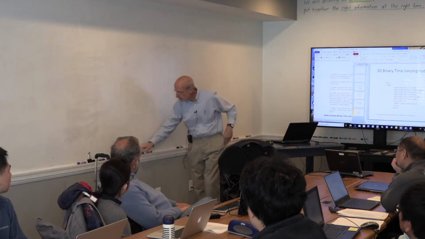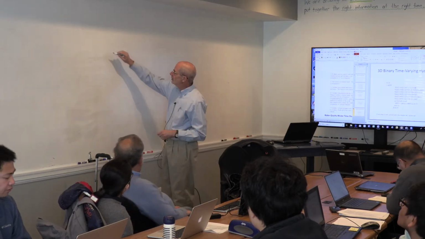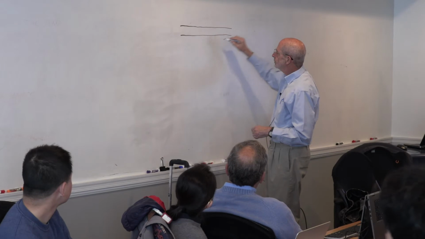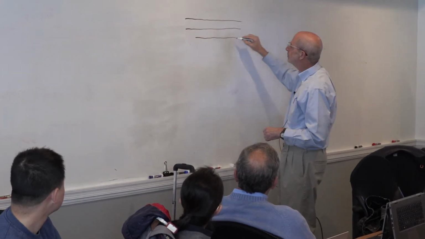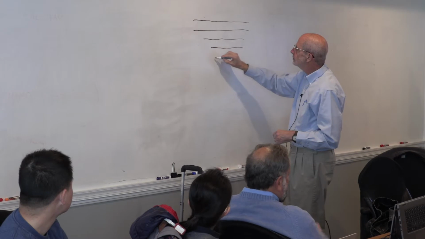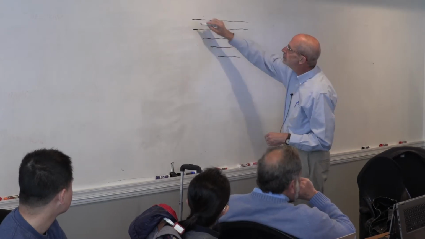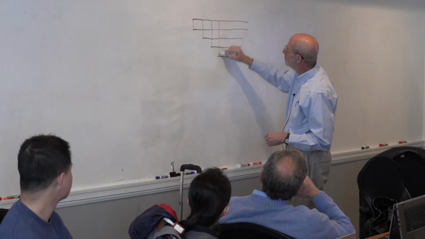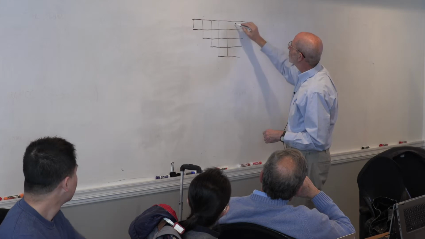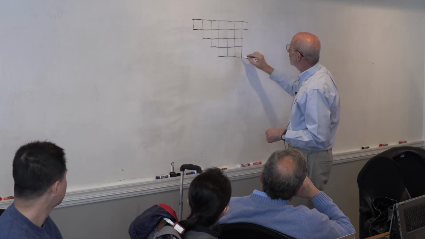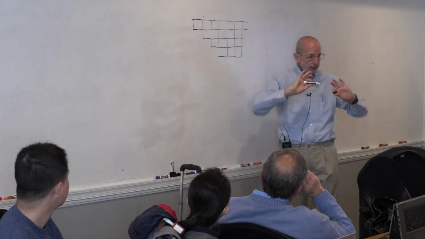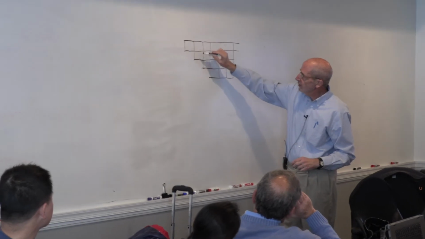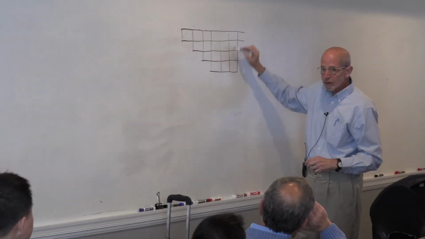So let's do this. What CH3D does is something like this. We should photograph the blackboard, but in any event, this is CH3D. We're looking at an elevation. In order to vary the depth, we vary the number of boxes.